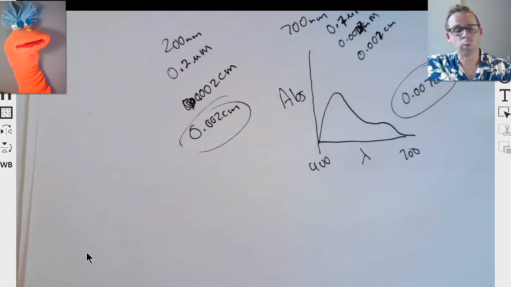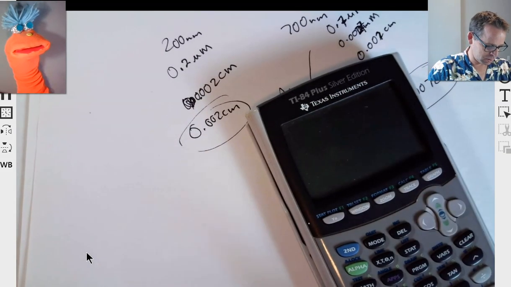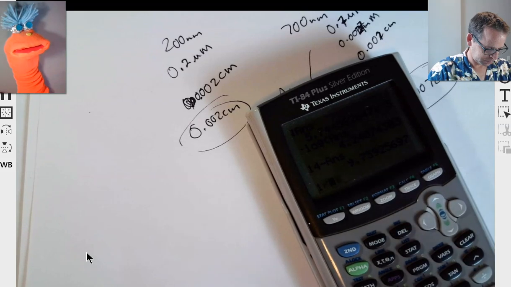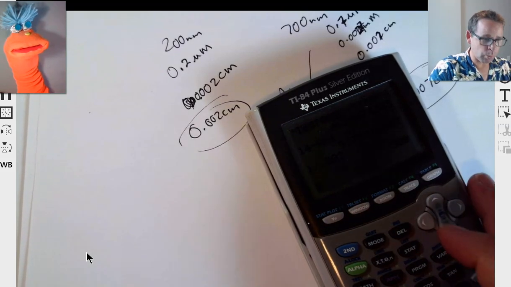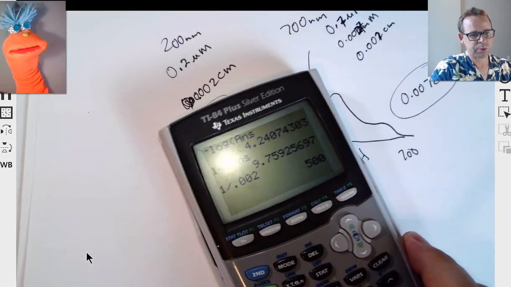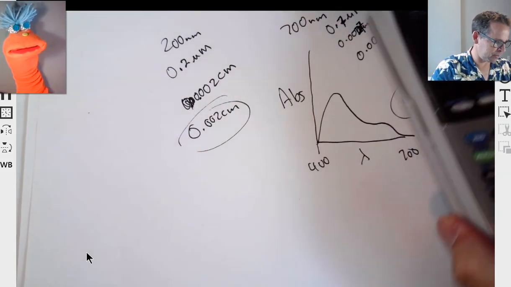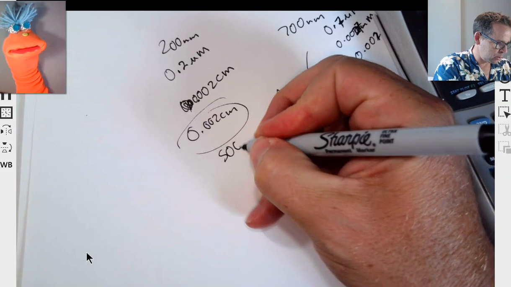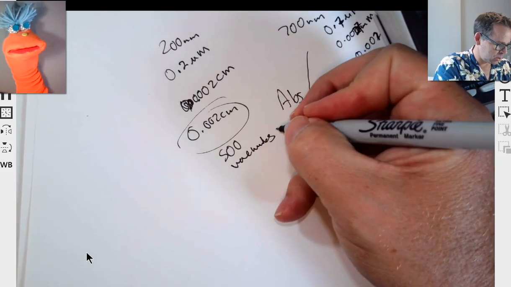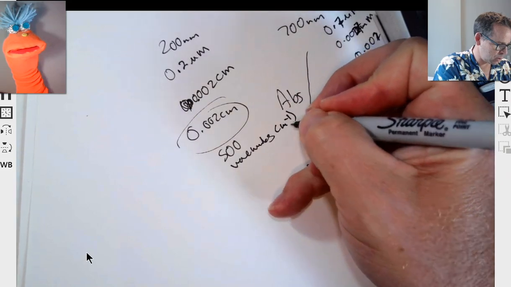Now, if I take 1 over my 0.0002, I get a wave number of 5,000 wave numbers, which is in units of centimeters to the -1.